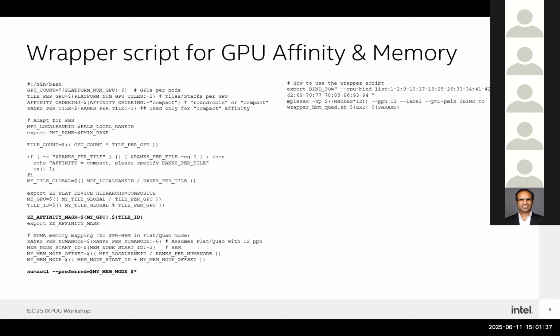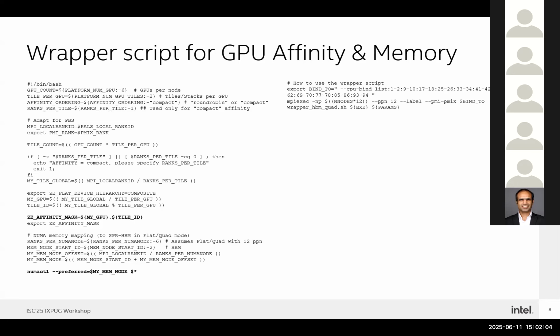And so for most of the application, the acceptance application, we use something like this. I'll go into machine learning a bit later, right? It's slightly different, but for most applications, you want to specify the CPU list, CPU ID, the affinity mask for PVC, and then the memory module that you want to use.